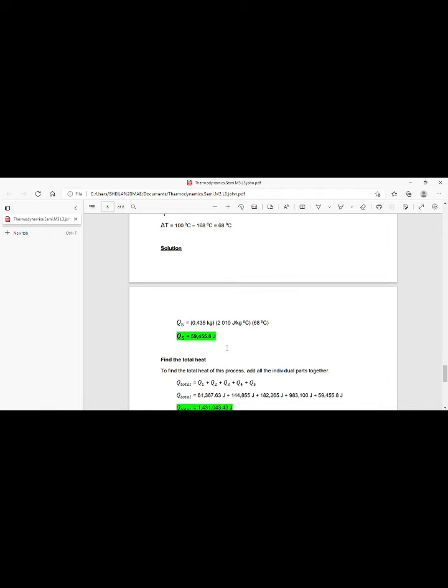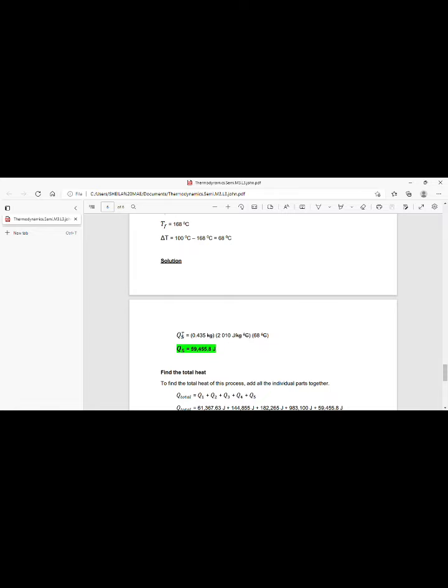Our solution. The heat energy in part E is Q equal to 0.435 kilogram times the specific heat of the steam, 2010 joules per kilogram degree Celsius, times 68 degrees Celsius, which is the change in temperature. The answer here is 59,455.8 joules.